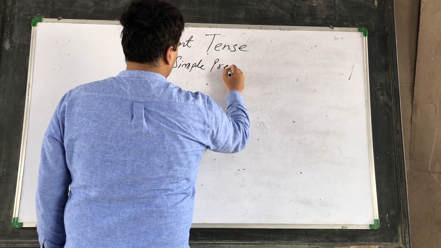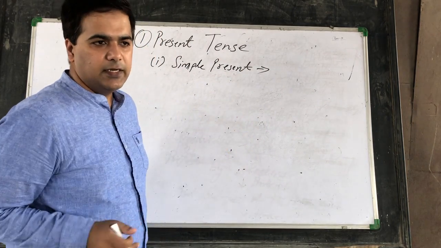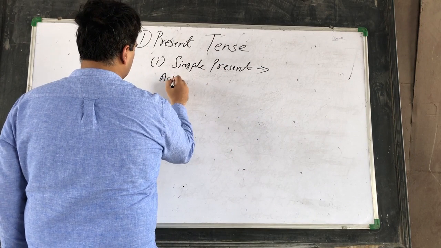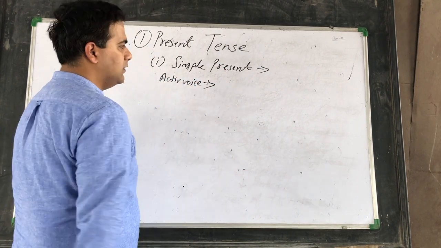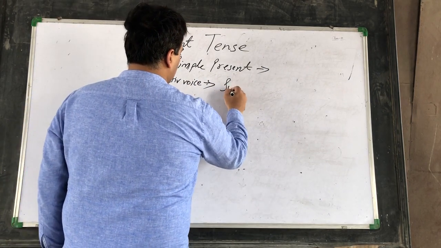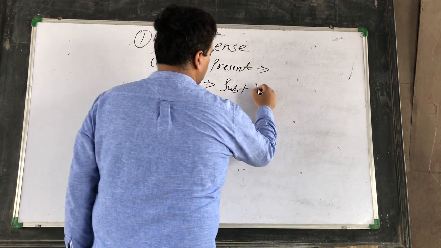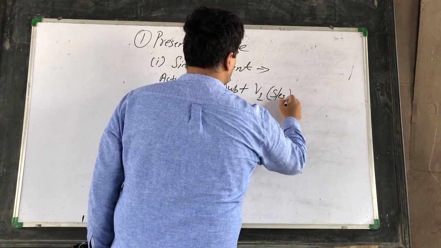Now the structure here in active voice will be subject plus verb first form attached with s or es.